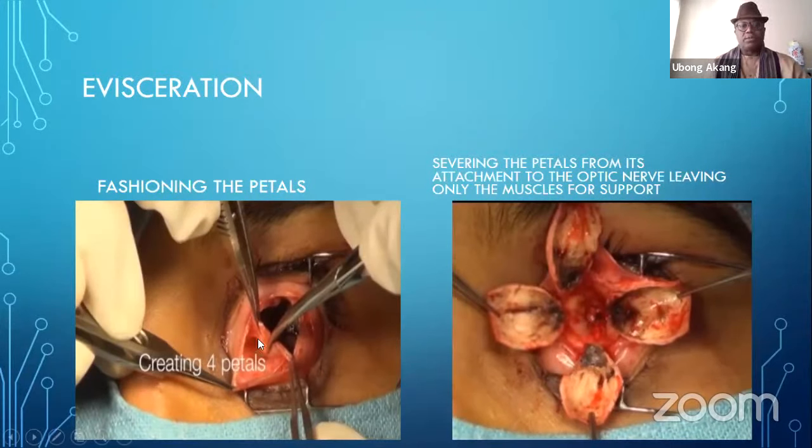So that's why we want to do some procedures like I'm taking size 20, size 22, or whatever. You can either do a 2-petal. This is 4-petal. All you have here are just the muscles holding these petals. It's 1 petal, 2, 3, 4, just held by muscles. Would have cut off the optic nerve here, cut it right away.